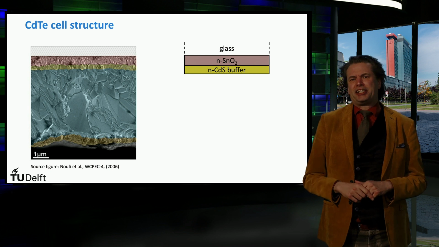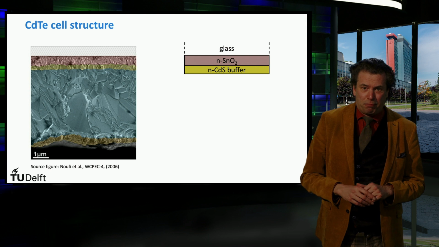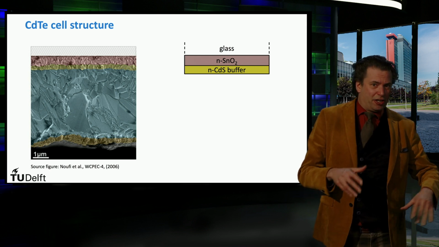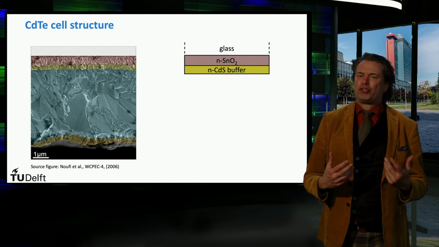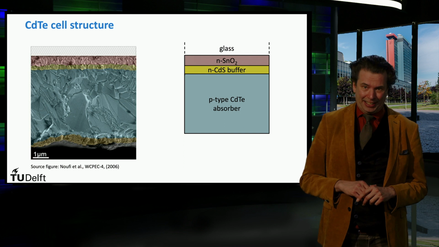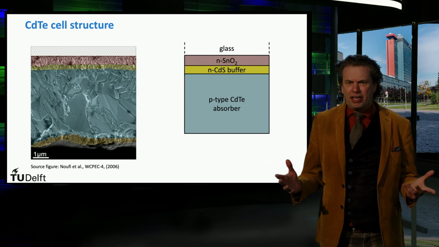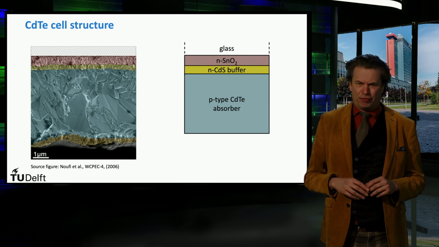Then, similar to the CIGS cell structure, a thin n-type cadmium sulfide buffer layer is formed by a chemical bath deposition method. This layer forms a heterojunction with the p-type cadmium telluride layer. As was explained in the previous video, doping of cadmium telluride is difficult.